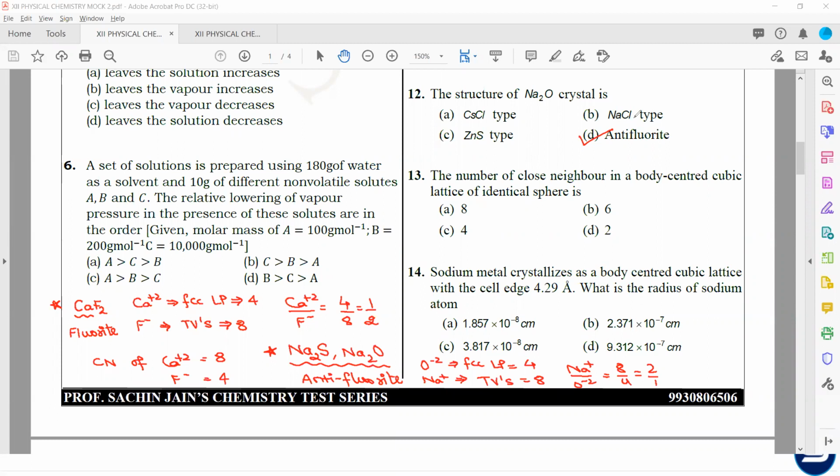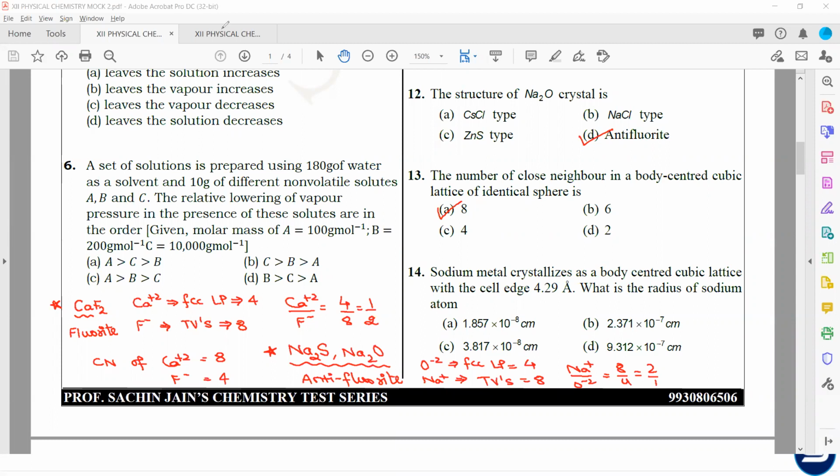Next, the number of close neighbors in a body-centered cubic lattice of identical spheres is 8. That is simply the coordination number, which is equal to 8. Next, sodium metal crystallizes as a body-centered cubic lattice with a cell edge of 4.29 angstrom.